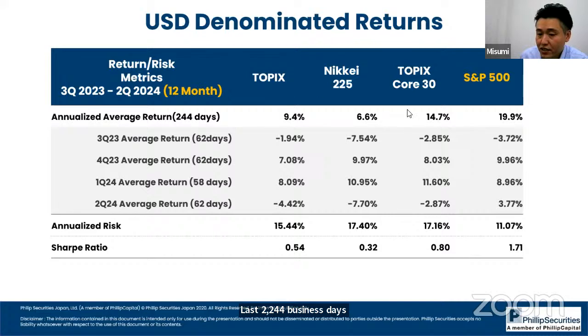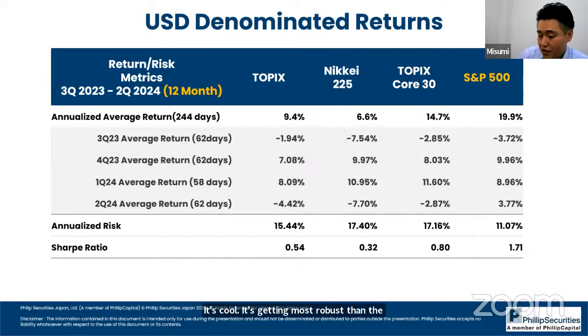The S&P is the largest, but TOPIX Core 30 is different: it is the second largest return, and TOPIX and Nikkei turned out to be single-digit returns in USD terms. The Sharpe ratio is also inefficient, less than 1.0, even though the S&P has the highest 12-month return and the most efficient Sharpe ratio. Risk is also mitigated, more robust than TOPIX and TOPIX Core 30.